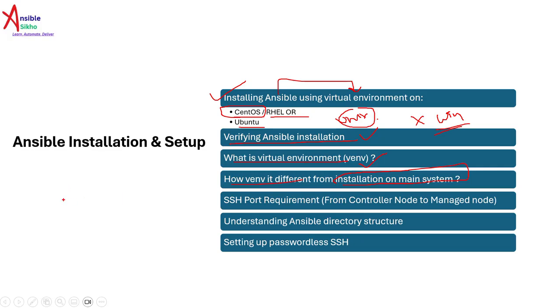Ansible can be installed in two ways: using virtual env, and on your main Unix system.